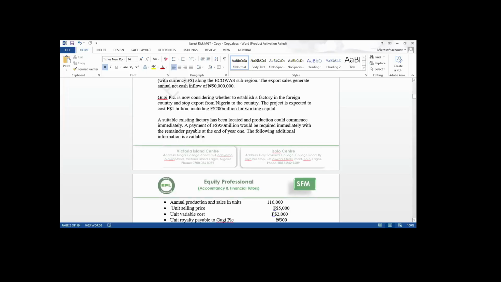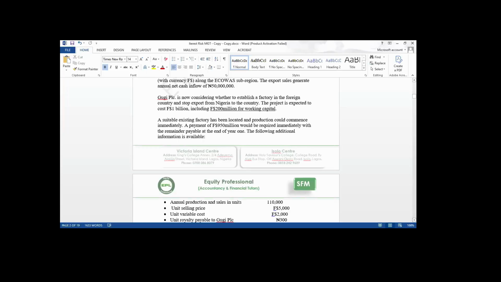That is year 0. With the remainder payable at the end of year 1. That means of the $1 billion, 950 million will be paid in year 0. 50 million will be paid in year 1. All right.